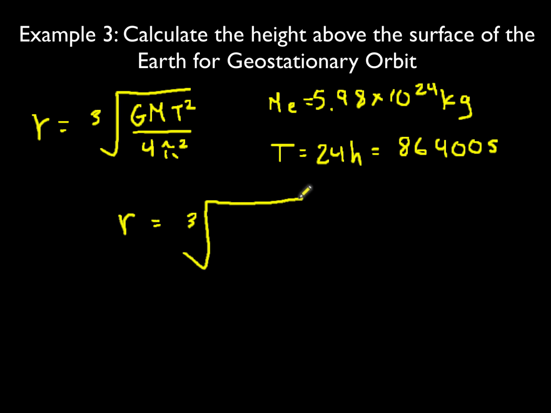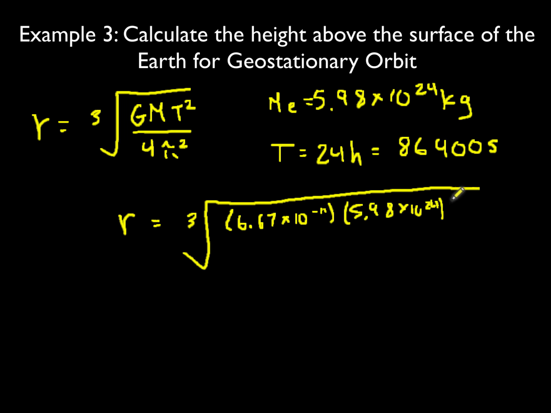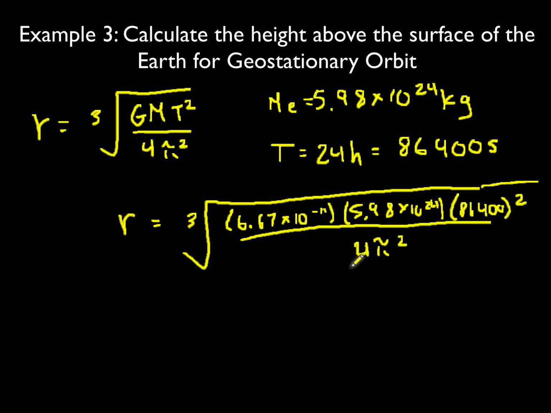So the radius equals the cube root of G, which is 6.67 times 10 to the minus 11, times M, which is 5.98 times 10 to the 24, times T squared, which is 86,400 seconds squared, divided by 4 pi squared. This gives us an r value of 4.23 times 10 to the 7 meters.